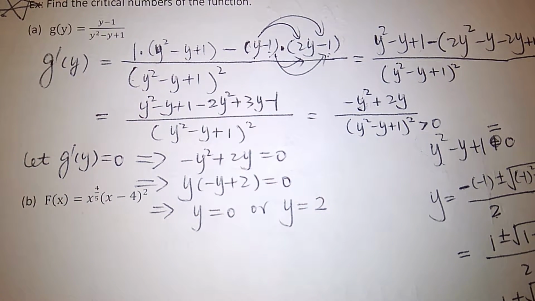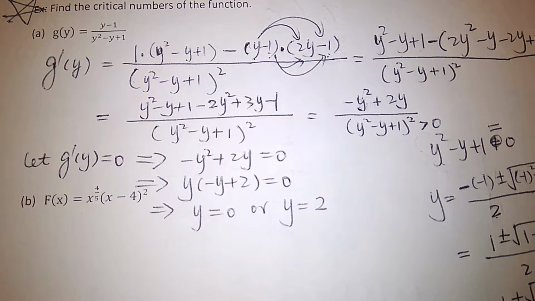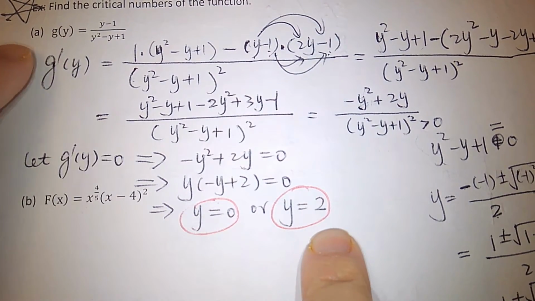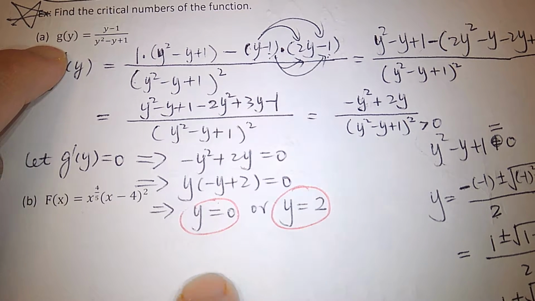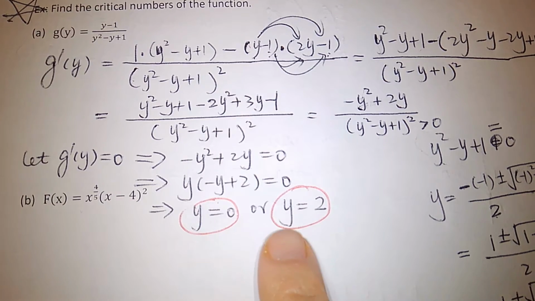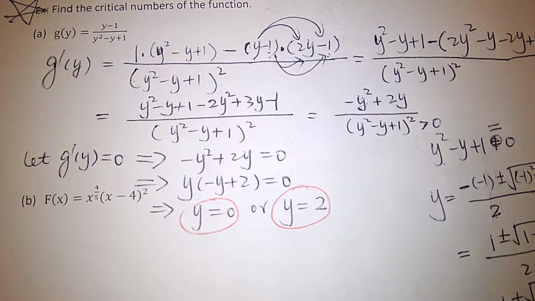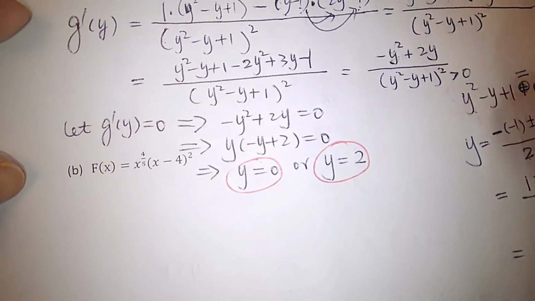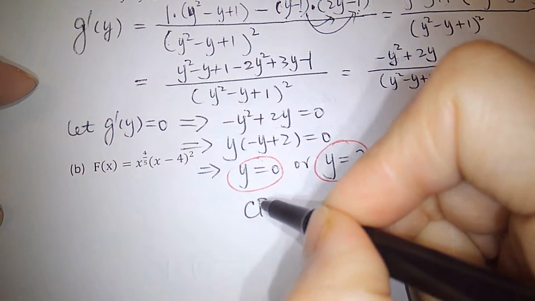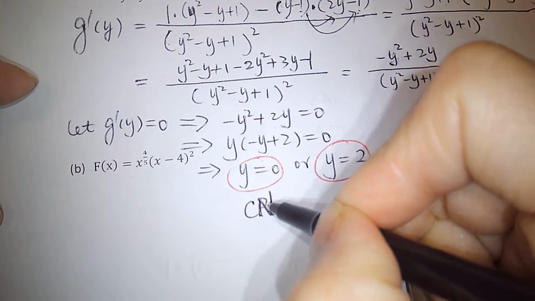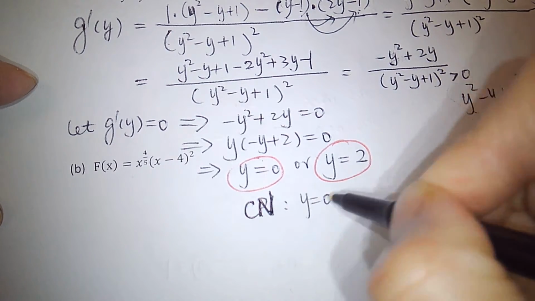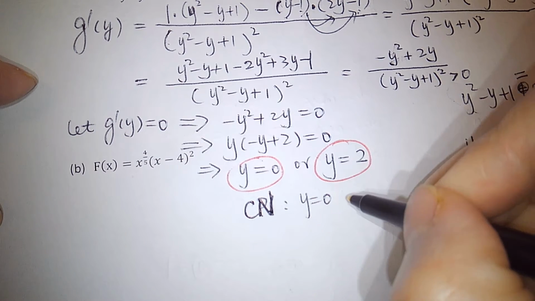You guys, everybody? Okay, so we say the critical points for this function g are what? When y equals 0 and when y equals what? 2. Okay, so you can answer the question, say critical numbers are when y equals 0 and 2.